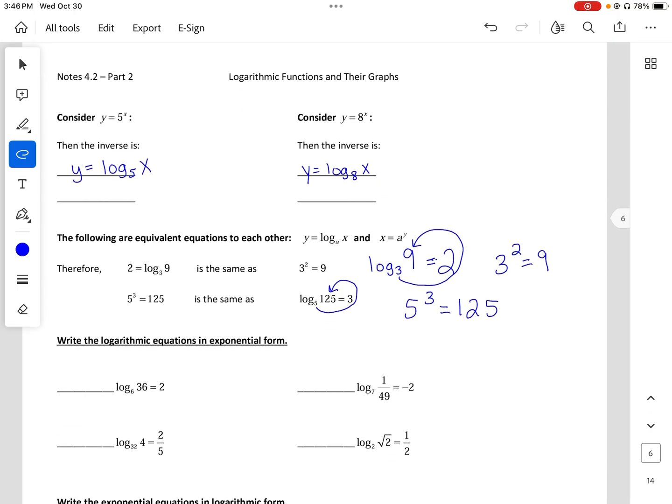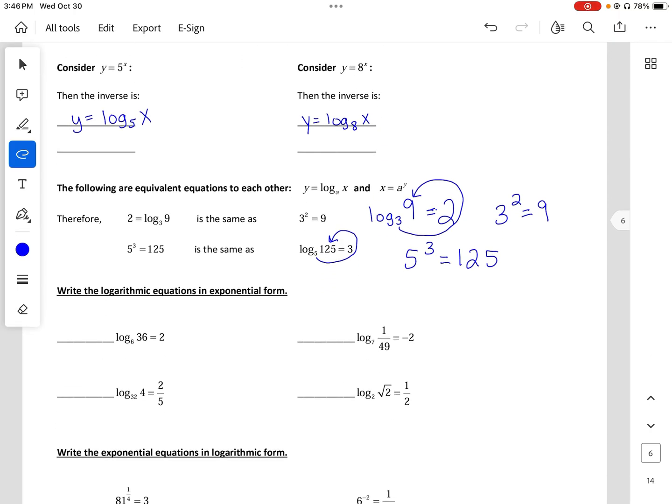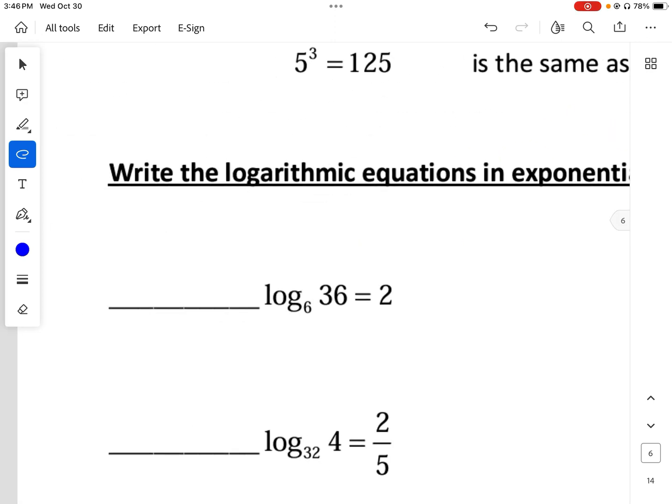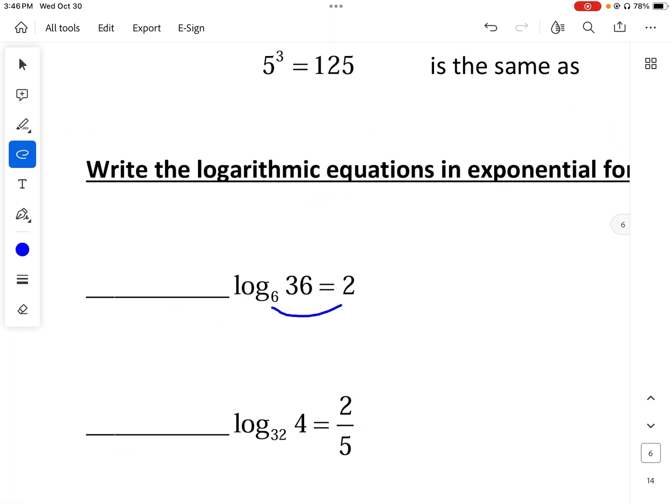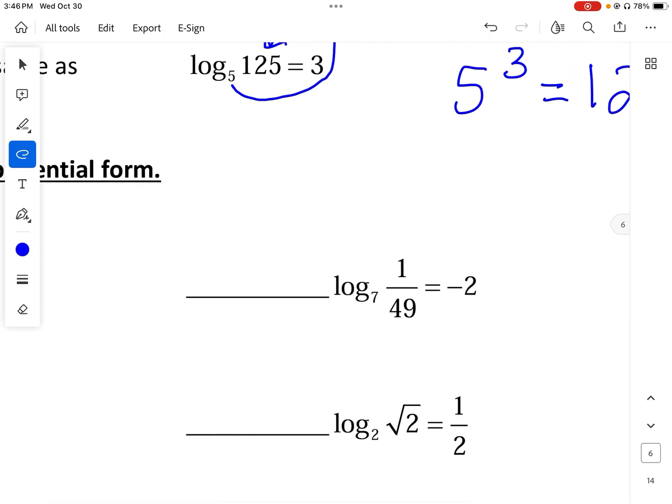Now write the log functions in exponential form. So we're going to do the swirl. 6 squared equals 36. Okay, the next one. 7 to the negative 2 equals 1 over 49. And that is true.